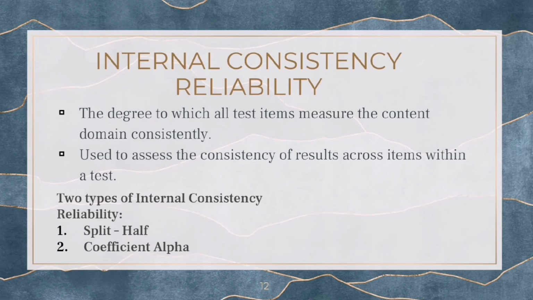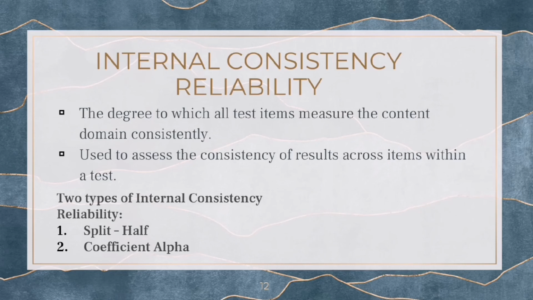This is the test instrument we will use to have internal consistency. Take note that a high internal consistency reliability coefficient for a test indicates that the items on the test are very similar to each other in content.